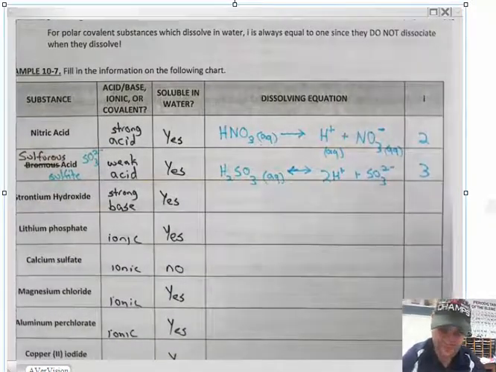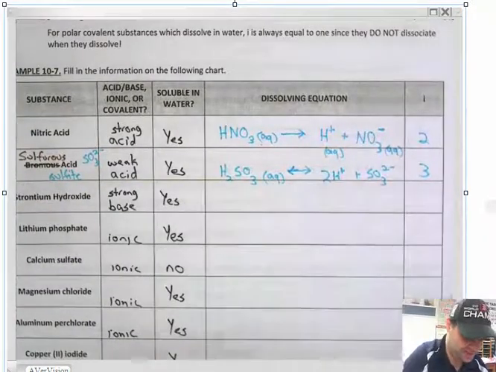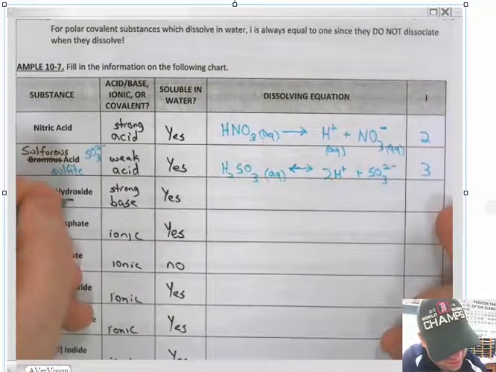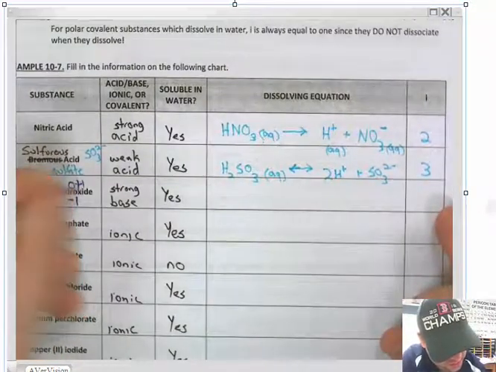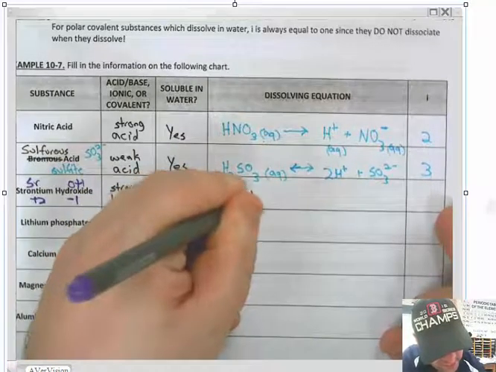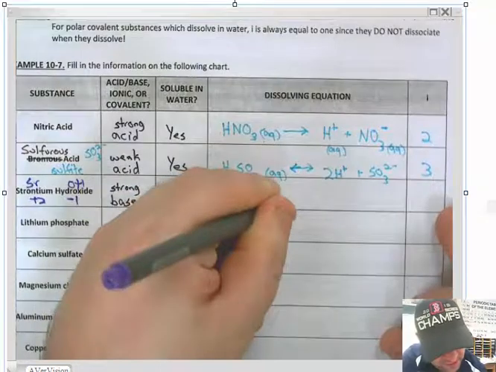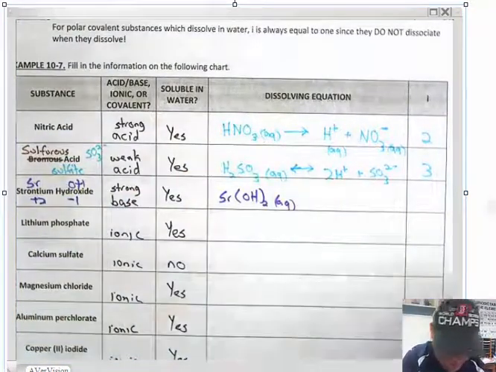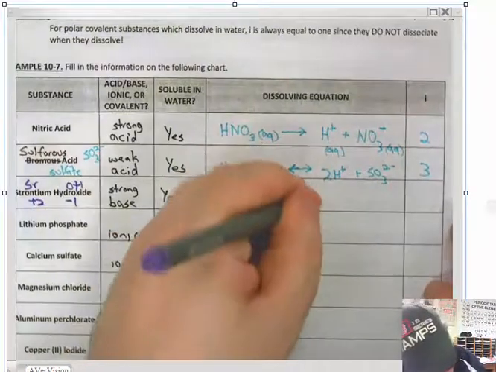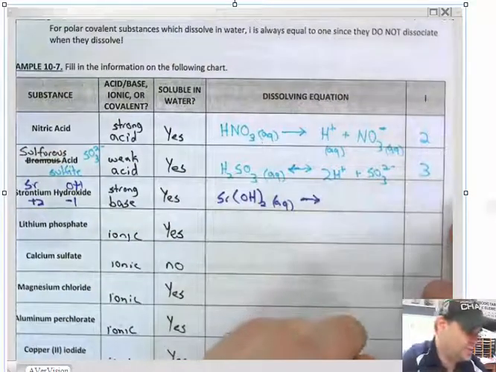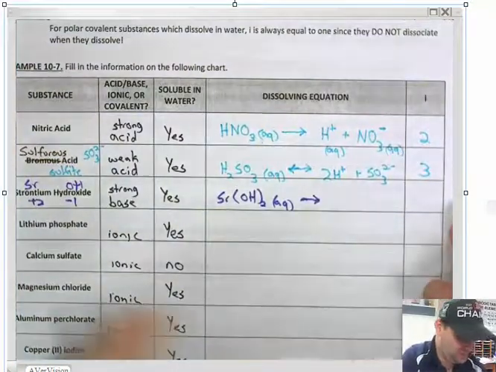Okay, strontium hydroxide. Strontium is plus 2, hydroxide is minus 1, OH, Sr. So this is Sr(OH)2, and it is aqueous according to the solubility rules. Plus strong bases are aqueous. So this is going to be a one-way arrow right here. So what 2 ions am I going to make?